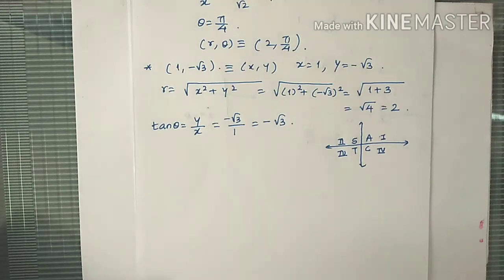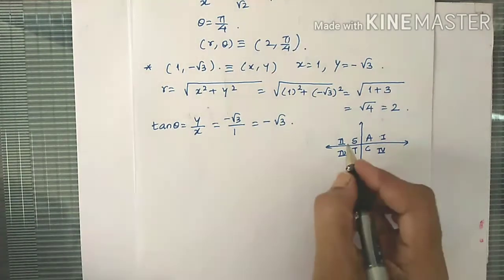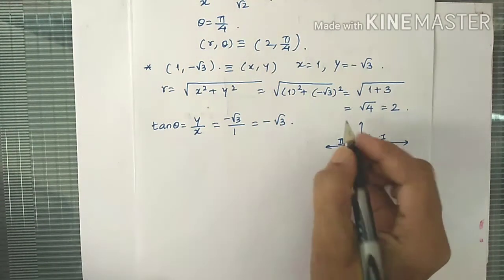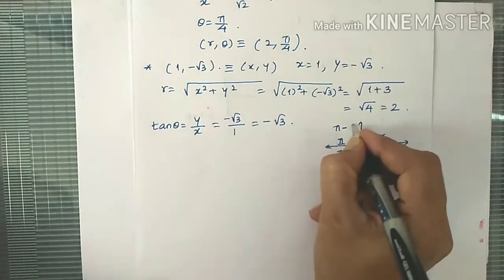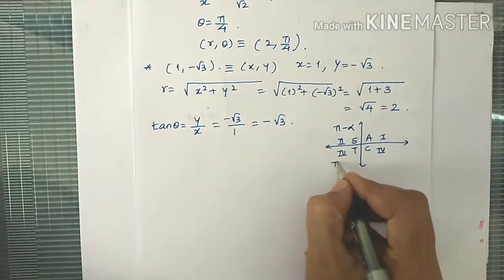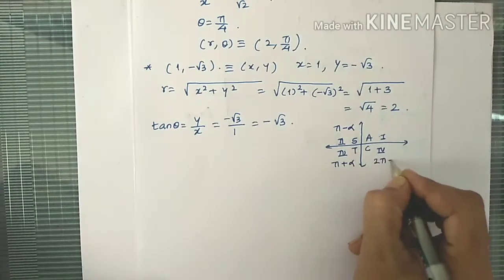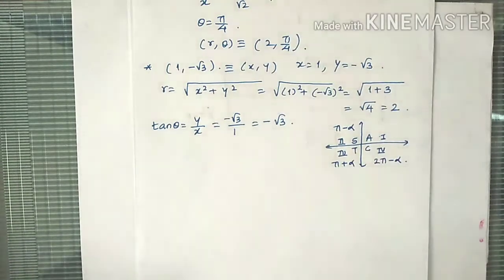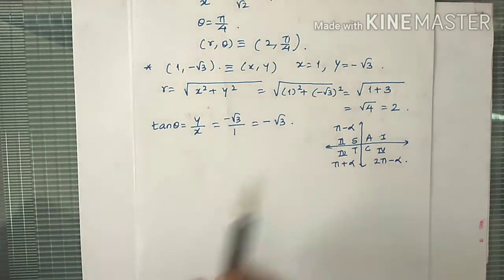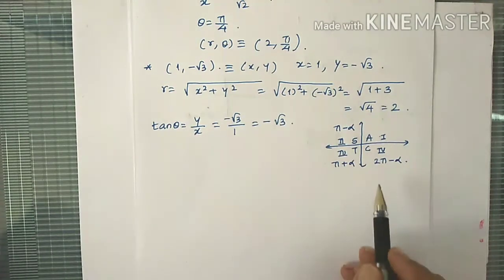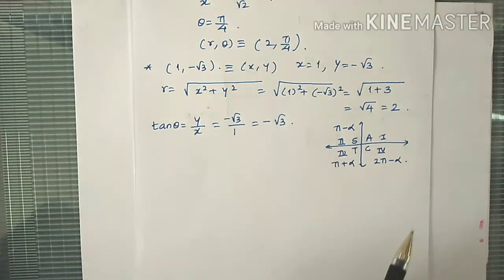So we studied in principal solution that whenever we have to write angle in second quadrant, we write it as pi minus alpha. In third one, we write it as pi plus alpha. And in the fourth one, we write it as 2 pi minus alpha. Now why this is required here? See, tan theta is negative here. Now tan theta is negative either in third or fourth quadrant.